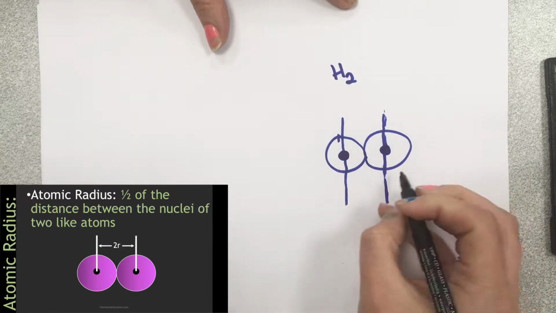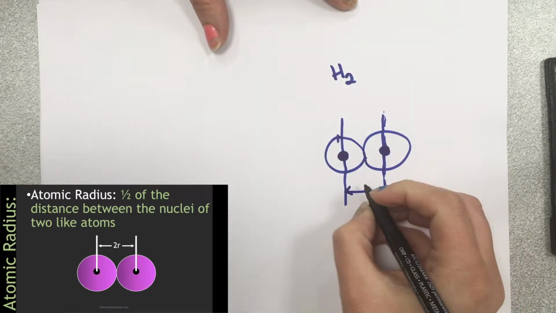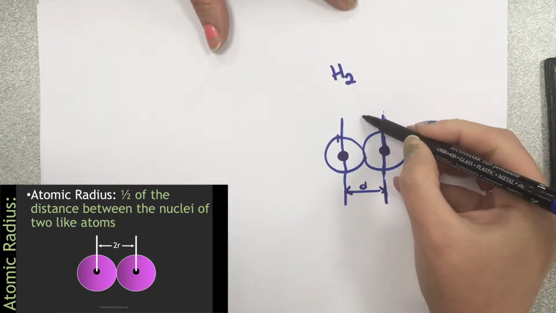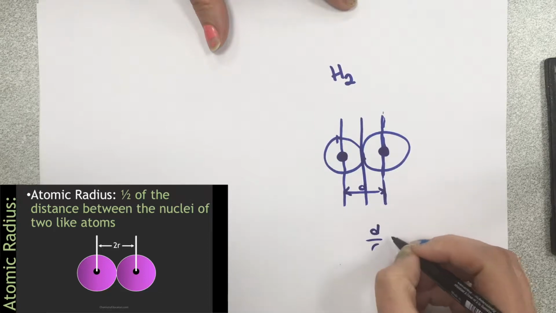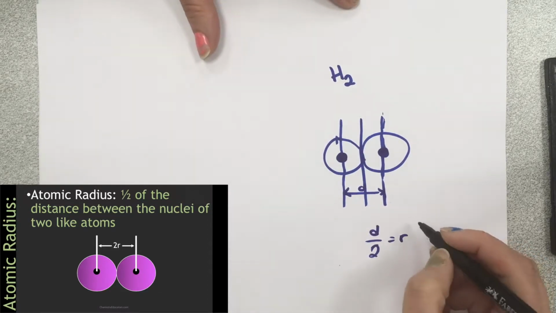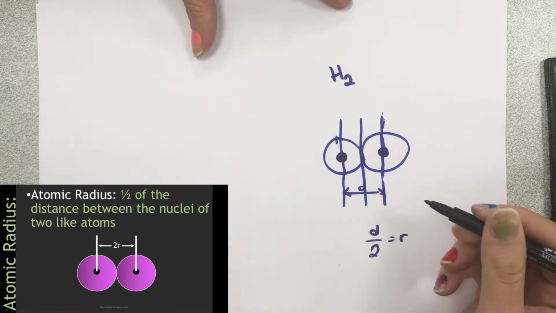So we know the distance between the two nuclei, and if we split that distance in half, we're able to find our radius. When we talk about atomic size, this is how we're measuring it.